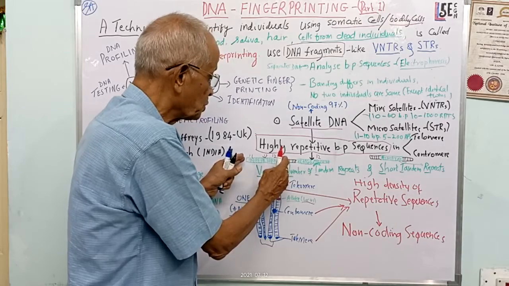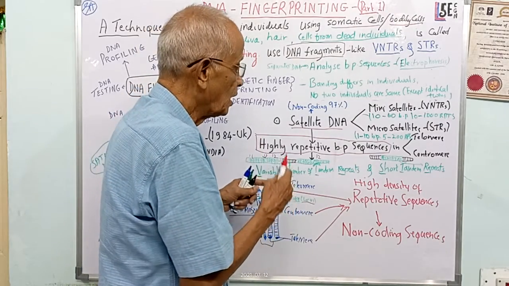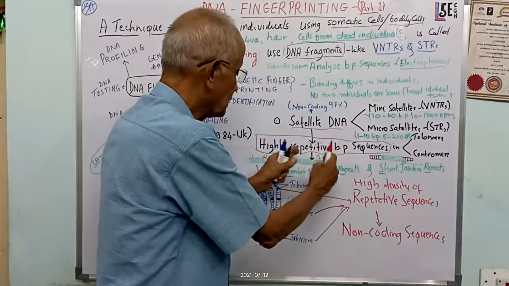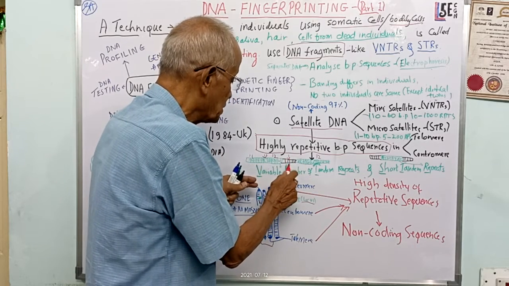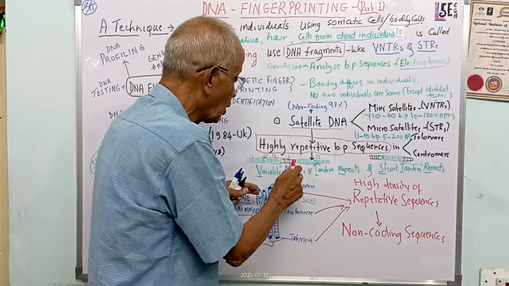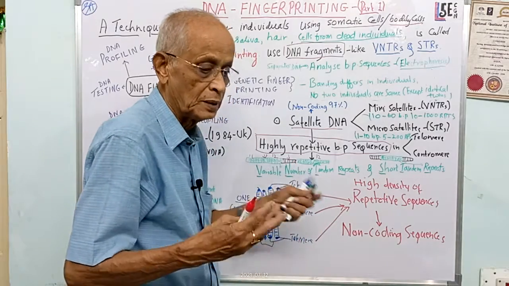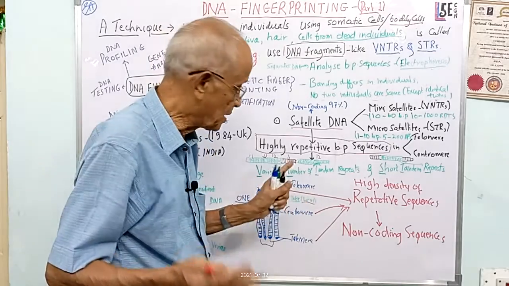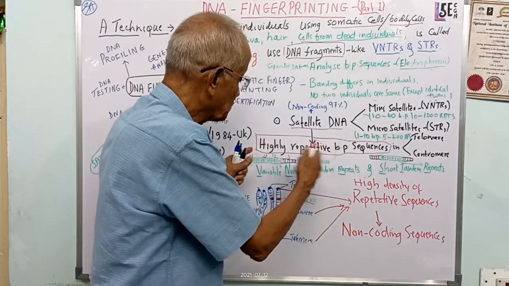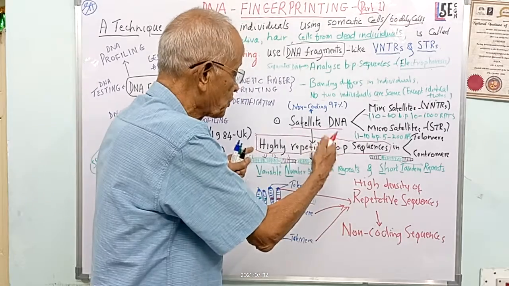So this is 10 to 12. Such a repeat is a kind of a flank, this will have a gene maybe, this gene may code for some amino acid or some polypeptide chain. And so between the genes, you have the repeated sequences.